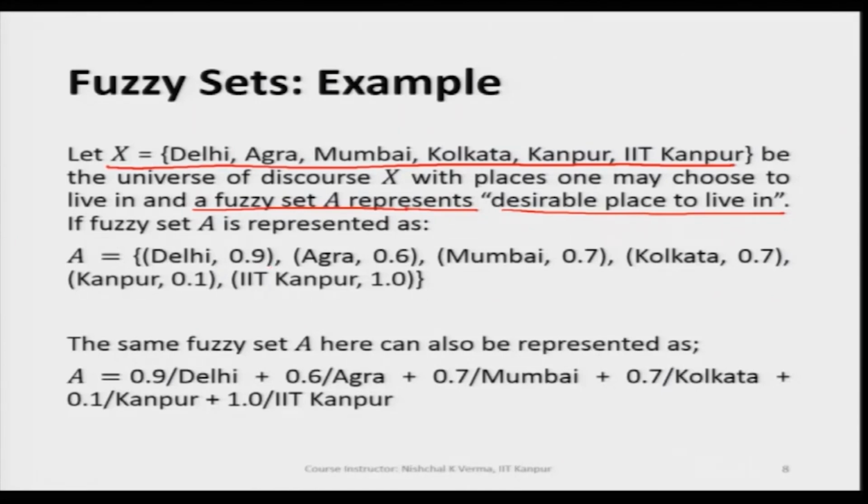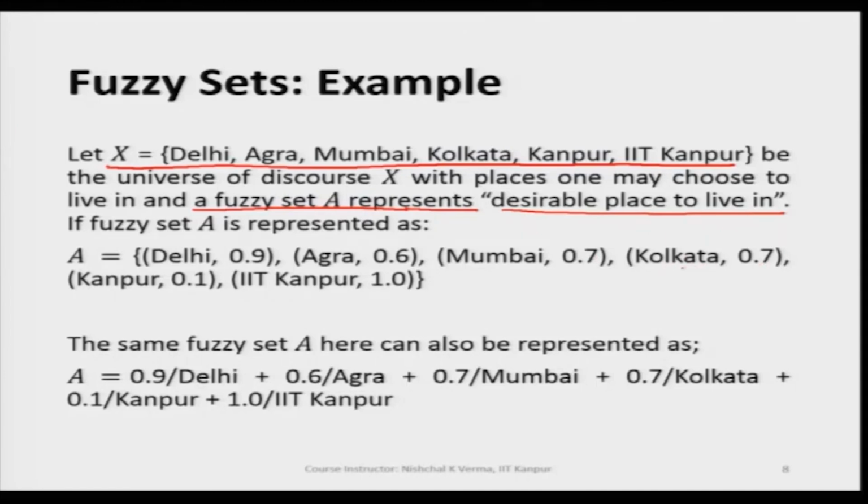So, if 1 is taken as 100%, and then if I take Agra, so I may choose Agra with 0.6 membership value. It means I like Agra less than Delhi, and then if I choose Mumbai, then I like Mumbai more than Agra and less than Delhi, that is with 0.7. If I take Kolkata, Kolkata is 0.7.